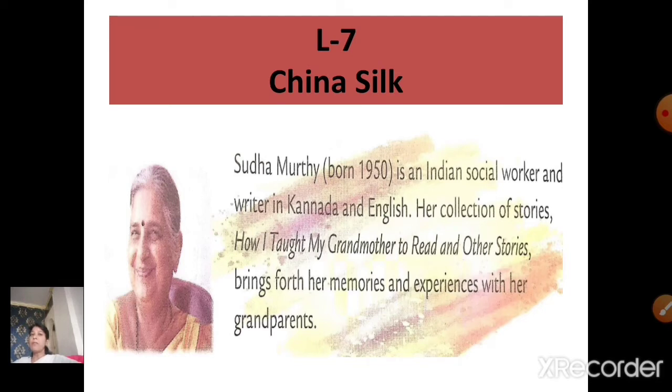She is also a writer in Kannada and English. Her collection of stories, How I Taught My Grandmother to Read and Other Stories, brings forth her memories and experiences with her grandparents.